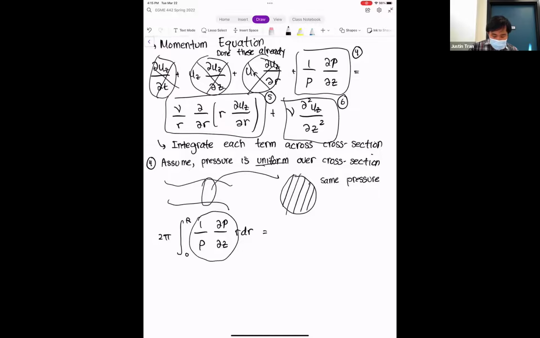Okay. And we know that when we integrate perfect differentials, all we should get is just whatever's inside the d. Okay. And so what's inside the d here is r partial uz partial r. Okay. And we're going to evaluate this from 0 to big R. And so you can almost think of it like, the integral is canceling out with the perfect differential.